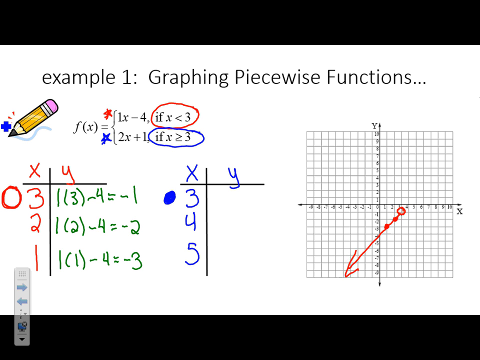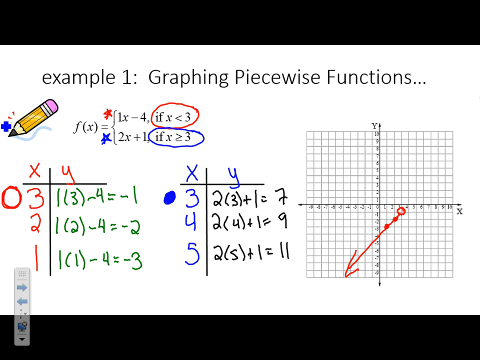Now we're just going to plug it in. So I'm going to have 2 times 3 plus 1. So I get 7. 2 times 4 plus 1, which would be 9, and 2 times 5 plus 1, which is 11. Now I can go ahead and I can graph this.